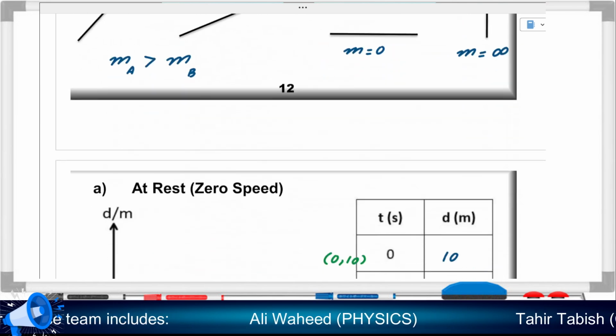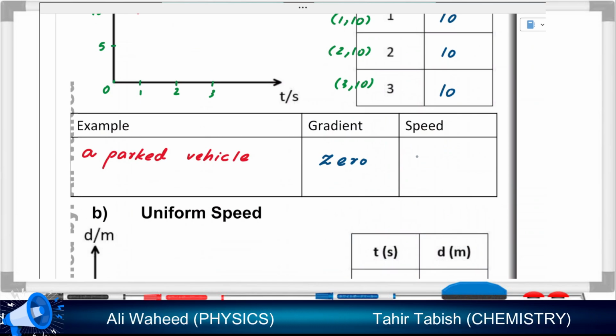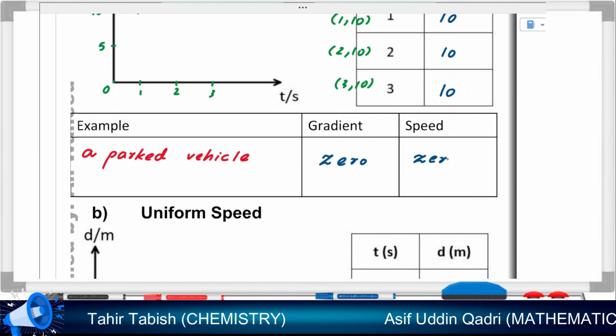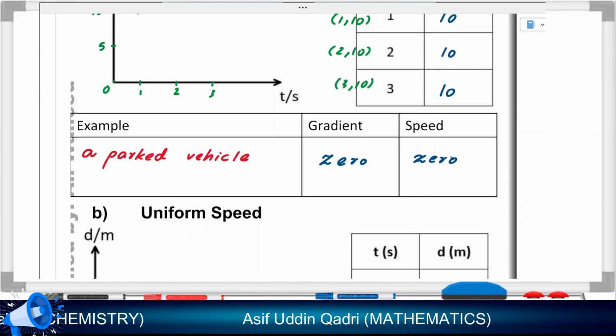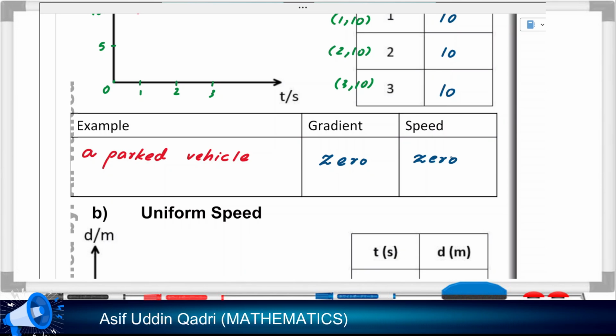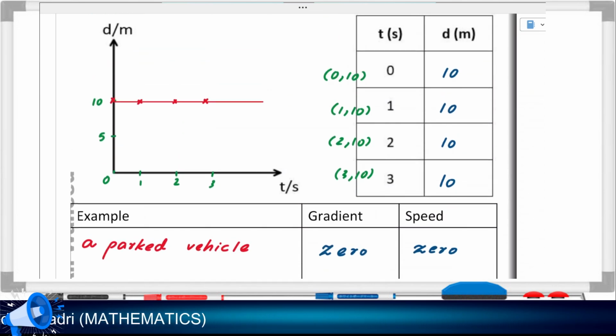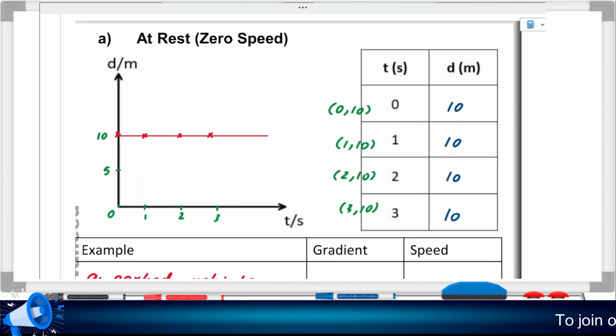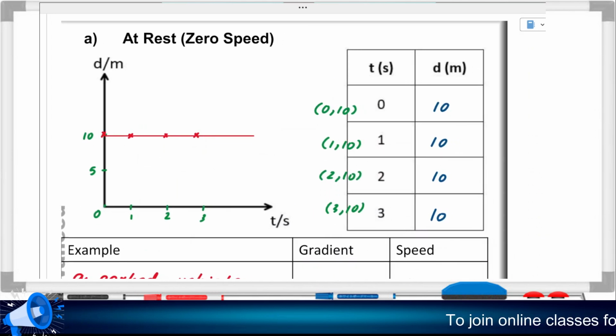So if the gradient is 0, speed would also be 0. Are we clear with the first one? Yes.